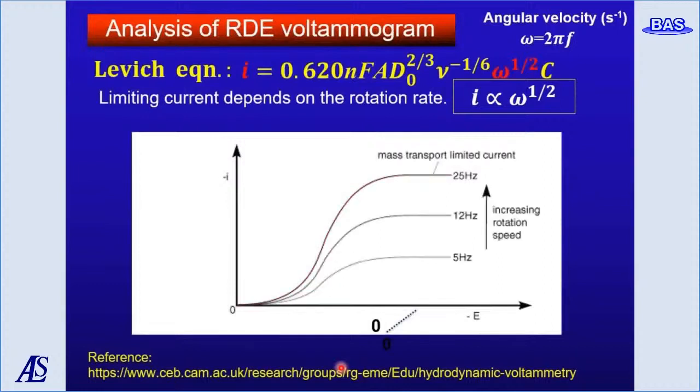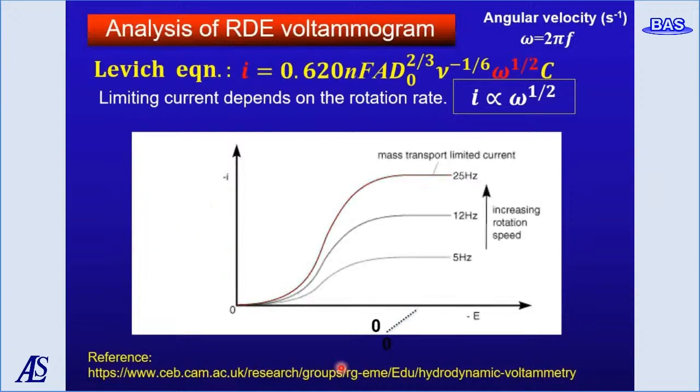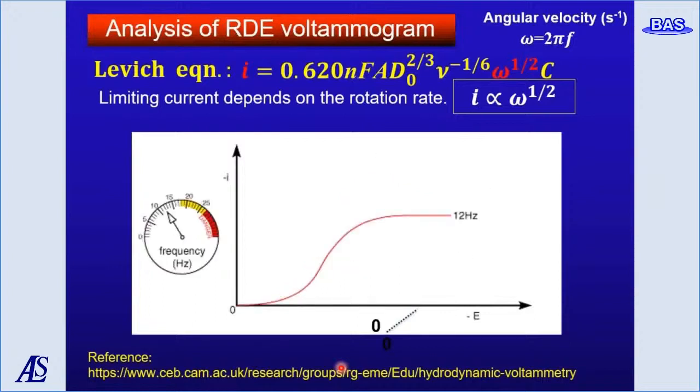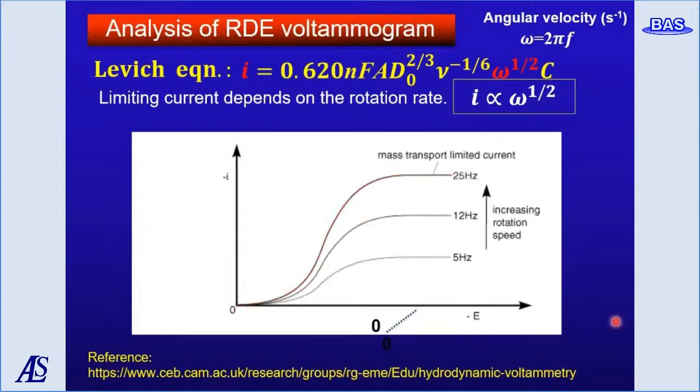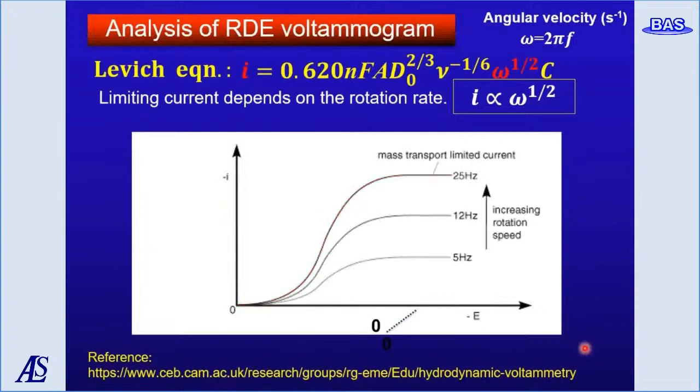At first, I show you a movie of how the rotation rate affects the potential-current curve in RD voltammetry. When the rotation rate becomes higher, the limiting current increases.